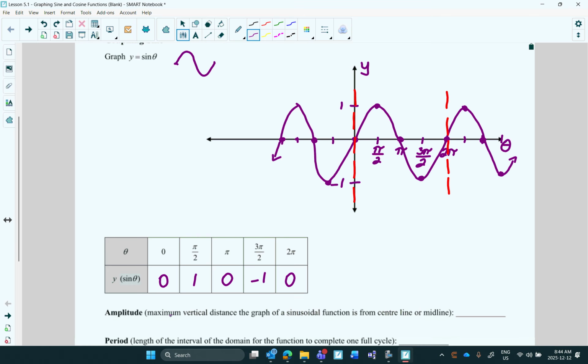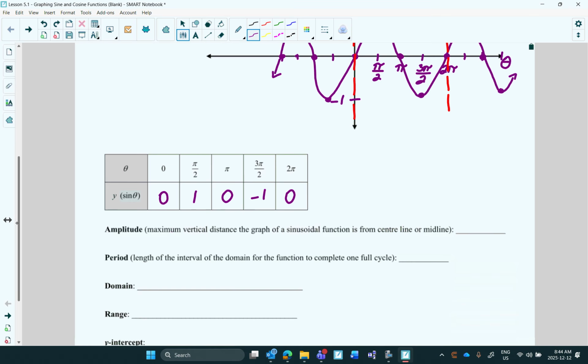Just like we did with other functions earlier this year, we did properties. There are certain properties that are new with sinusoidal functions, and certain properties that we've done with other functions, like domain, range, x-intercepts, y-intercept, etc. Okay? So the first one is the amplitude.